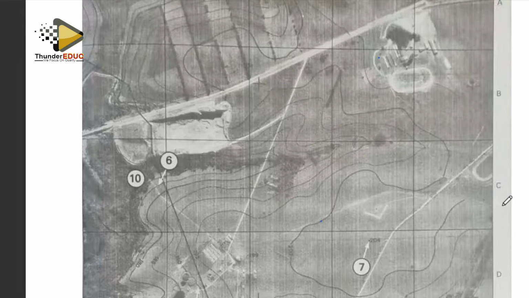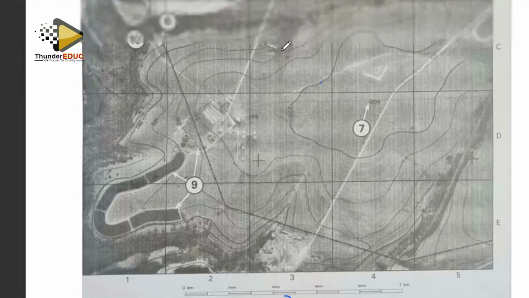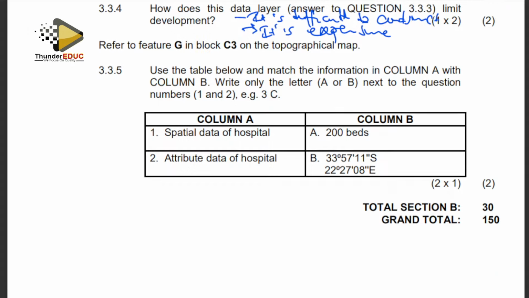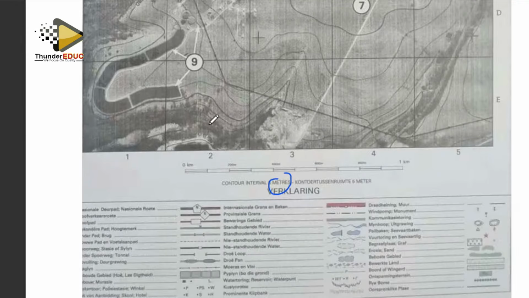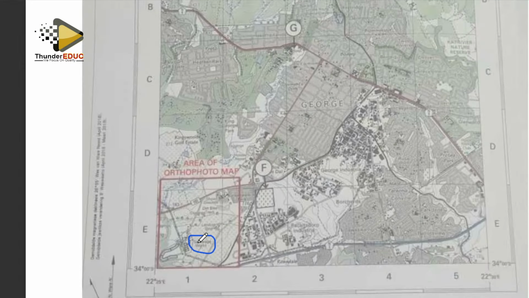Where is C3? Okay. This is here. C3. The feature is there. How do we tell? You can combine. You come here. You can combine this. So it is somewhere around here.